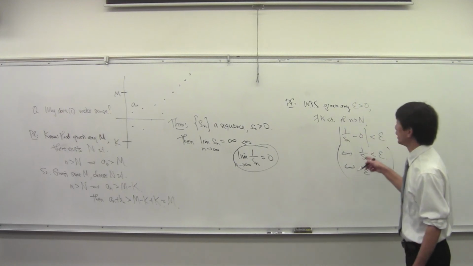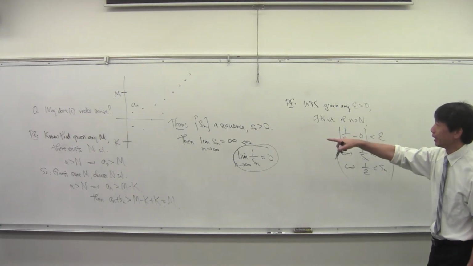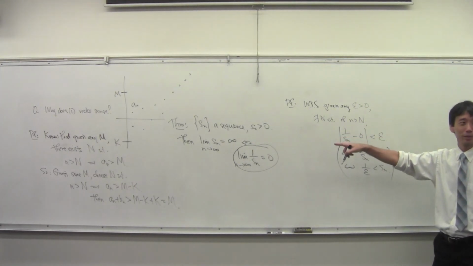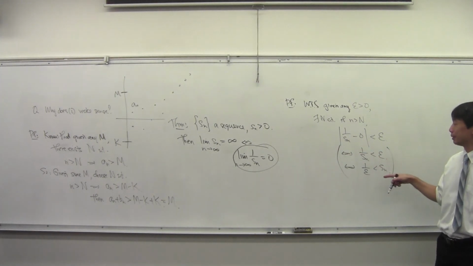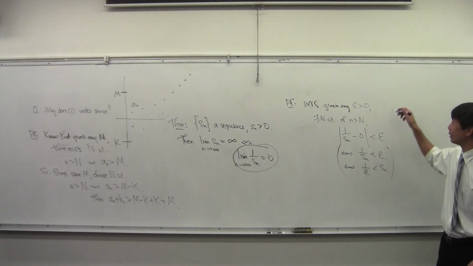Now we're given that s of n goes to infinity. So who can tell me what I should write here?